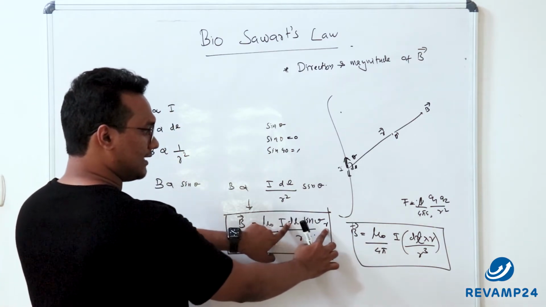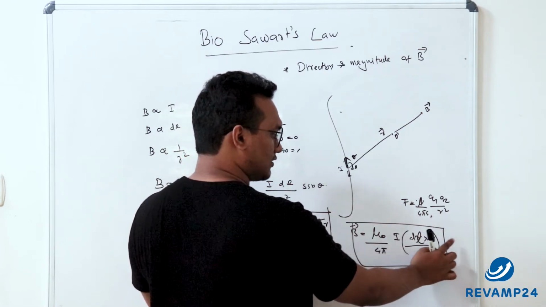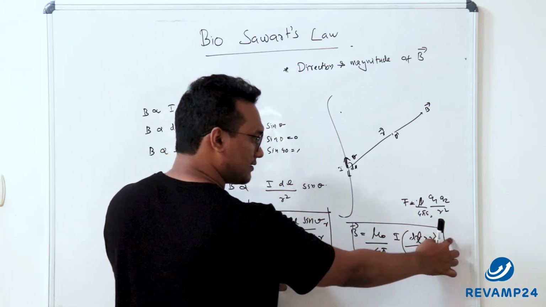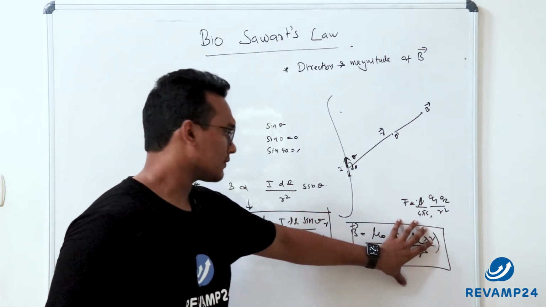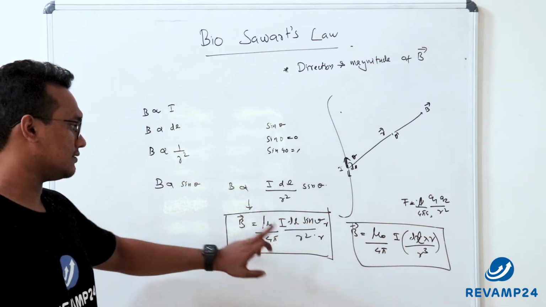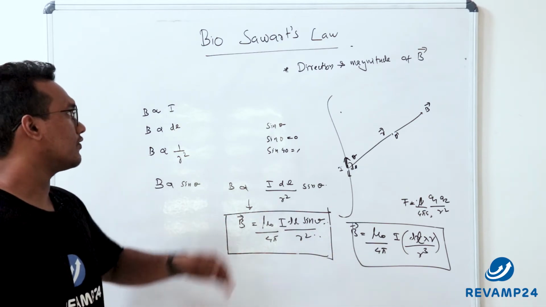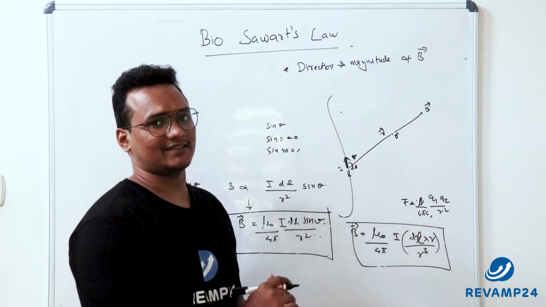So dl r sin theta can be written as dl cross r. One r is additional, so I keep r cube in the denominator, and this r will cancel and I will have r square. This one is in vector form, and the other is just the Biot-Savart magnitude, while this one has magnitude and direction.